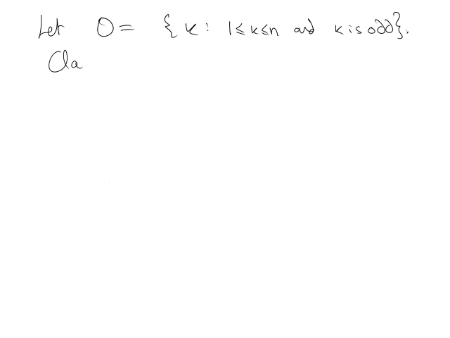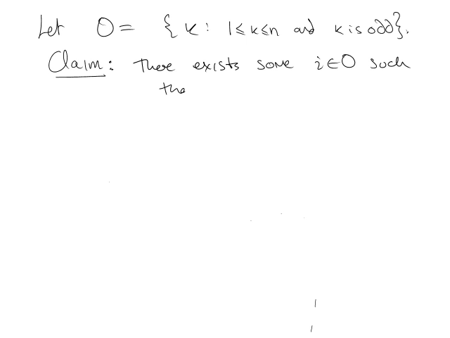Now my claim is there exists some integer i in the set of odds such that f of i is also odd, right? And if I can do that, I'll be done, because then i minus f of i will be even. What's the proof? Well, the proof is going to be by contradiction.